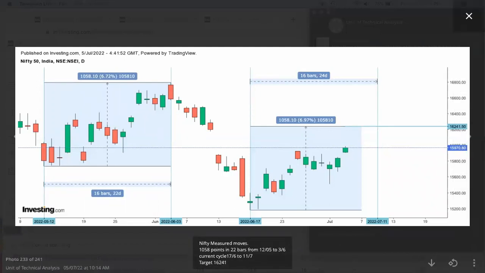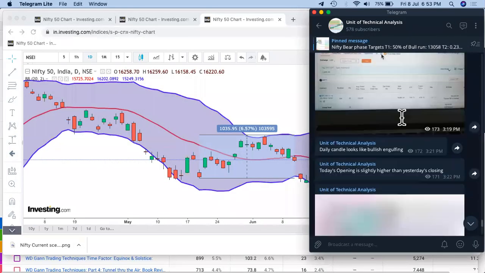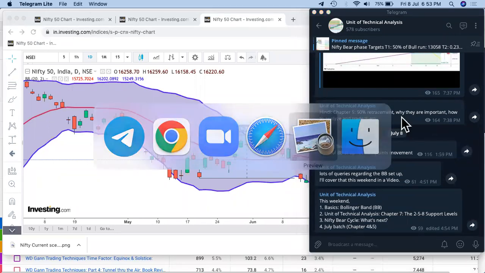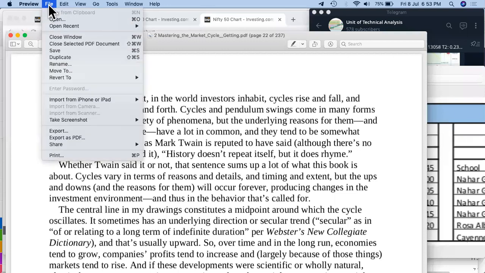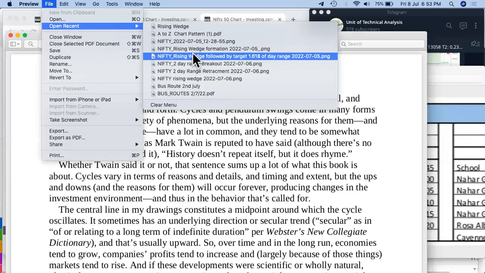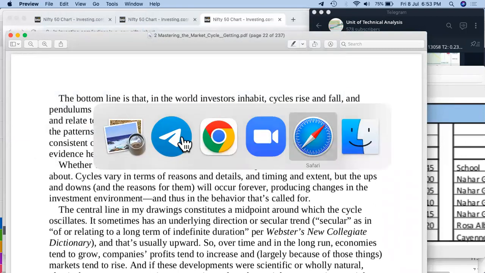Right? And one more thing specifically which was there, because we are talking about those things also, I just wanted to talk about that part also. Rising wedge. No, that has been.